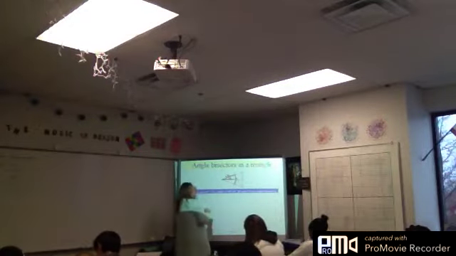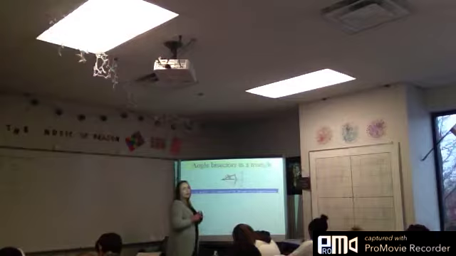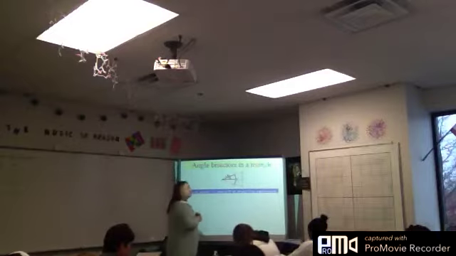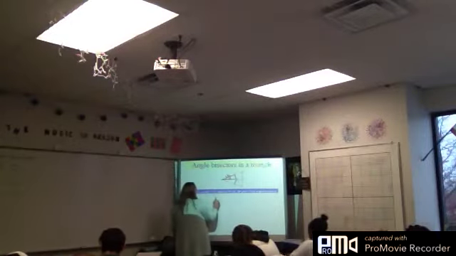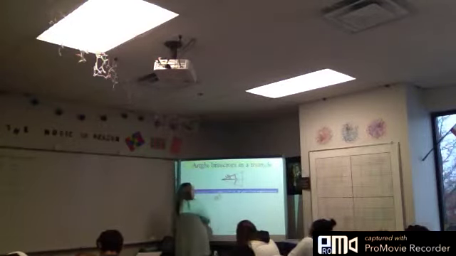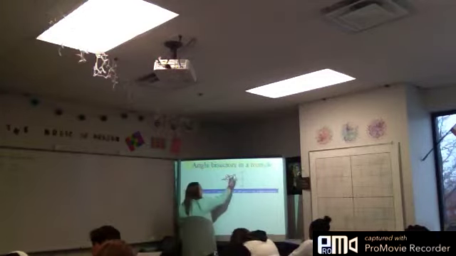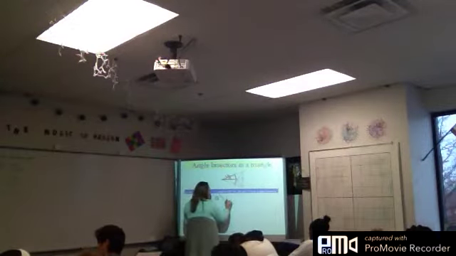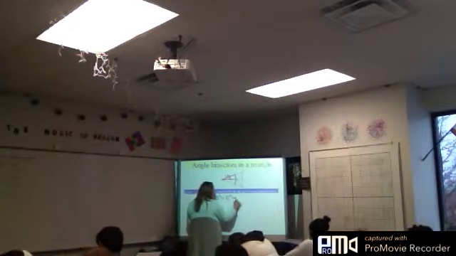How would you set up this equation for the Pythagorean theorem? I want to know what your A and B and C are. 13 is your hypotenuse. So 13 squared equals 12 squared plus B squared.